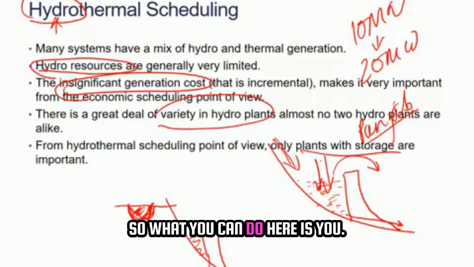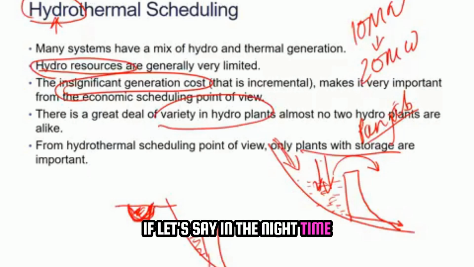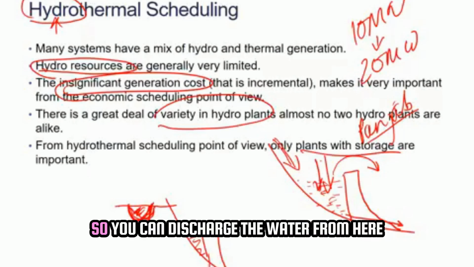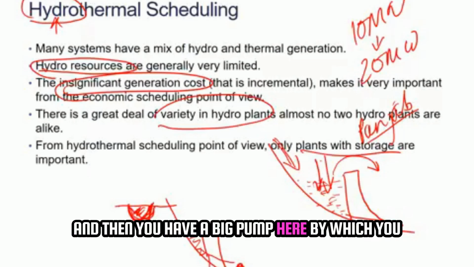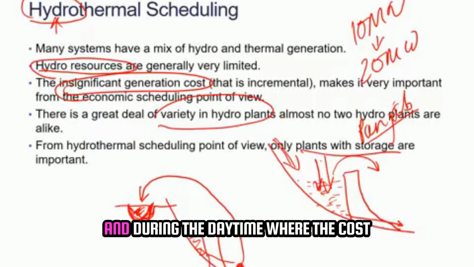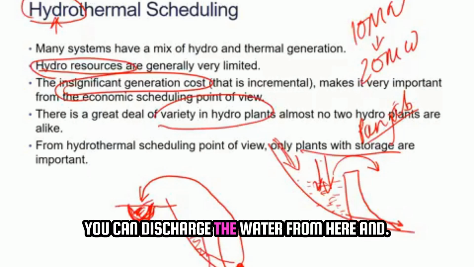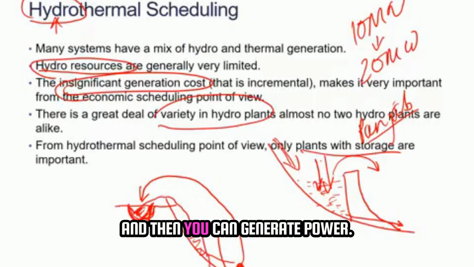What you can do is, let's say in the night time when power cost is very low, you can discharge the water from here, and then you have a big pump here by which you can pump the water back to this pond. And during the daytime when the cost of electricity is high, you can discharge the water from here and generate power. So this type of storage plant is also there.